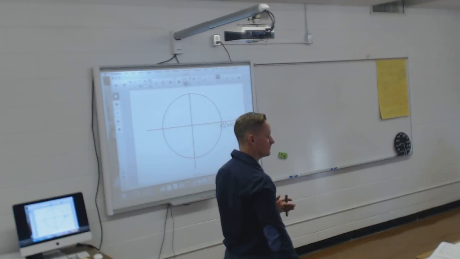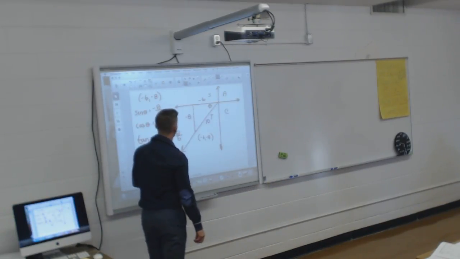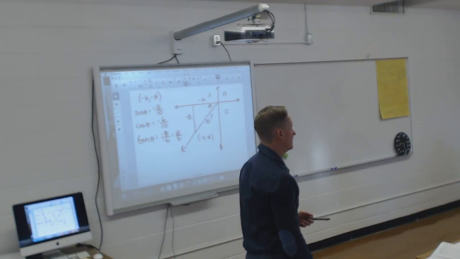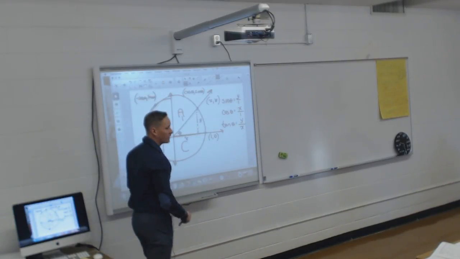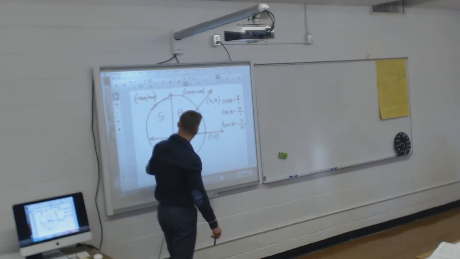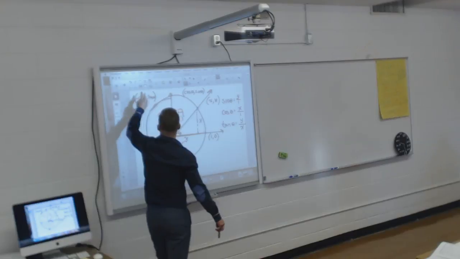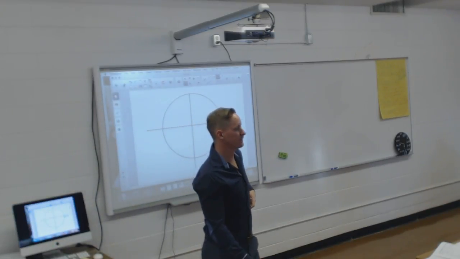Okay, let's go back a page. Let's go back even further. What is my cos value anywhere along this circle? The x value of the coordinate. Agreed?